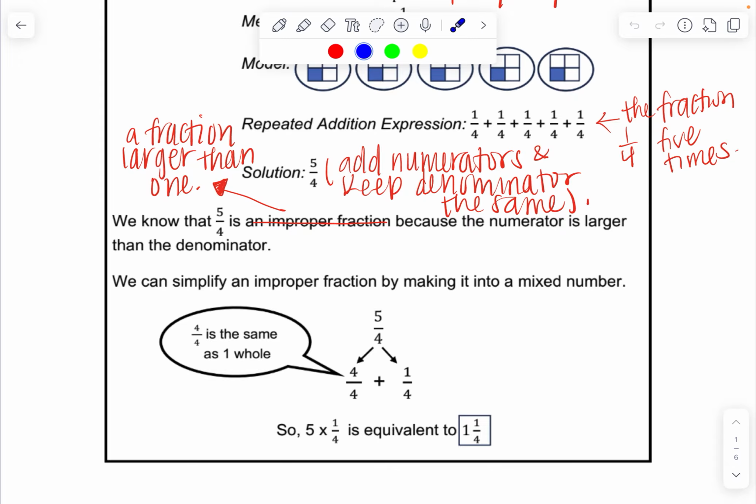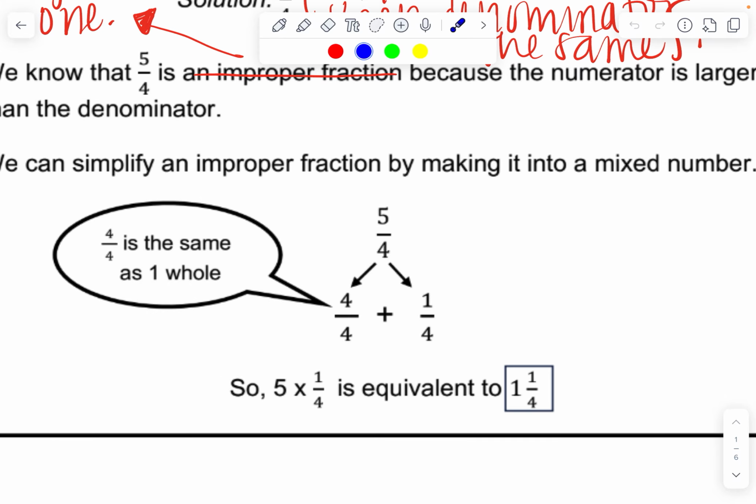So we can use number bonds, right? Students should be able to identify that 4/4 are in 5/4, which is the same as 1 whole, and there is a fourth left. So 5/4 or 5 times 1/4 is equivalent to 1 and 1/4.